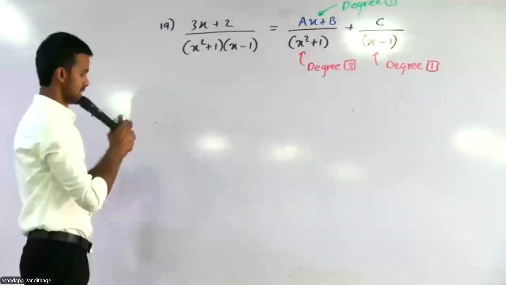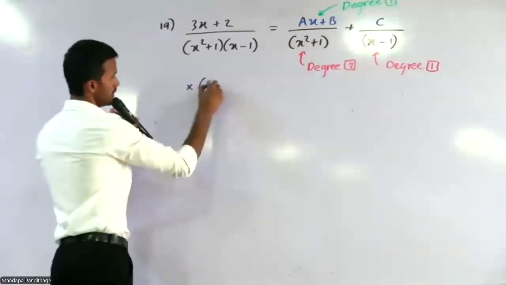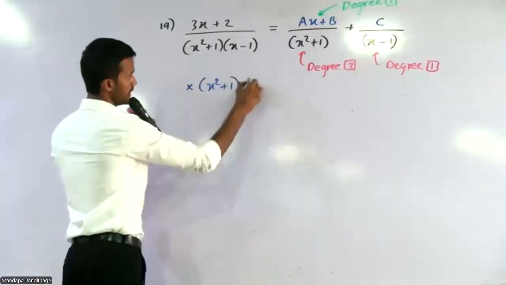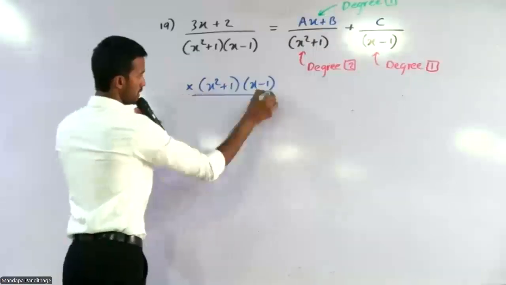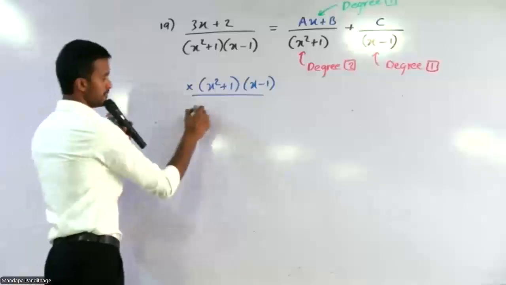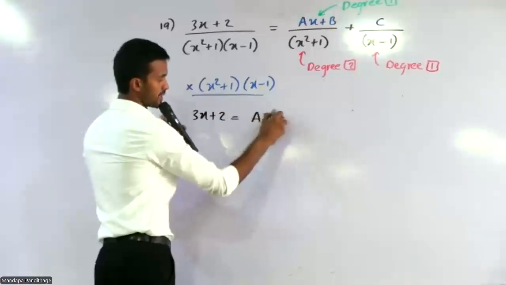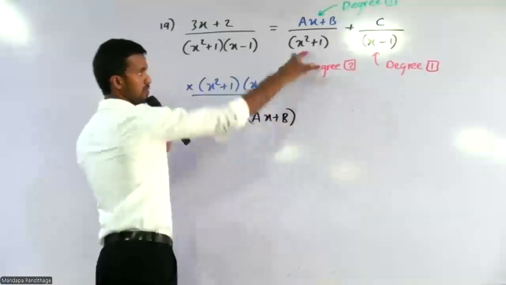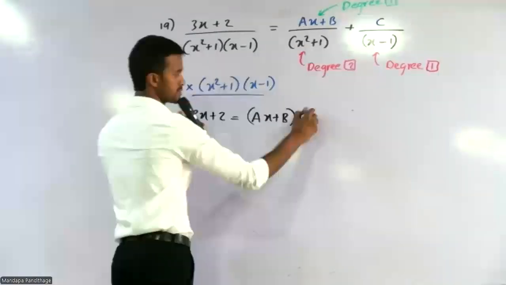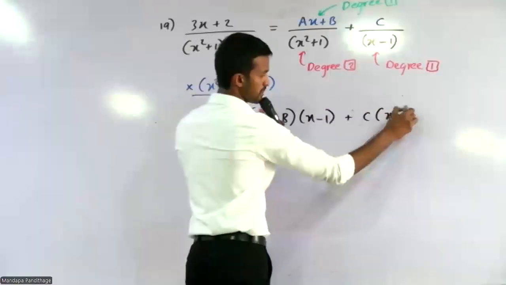So I'll multiply by x squared plus 1 and x minus 1. Then you end up with 3x plus 2 is equal to ax plus b multiplied by x minus 1, this cancels off, and c times x squared plus 1.